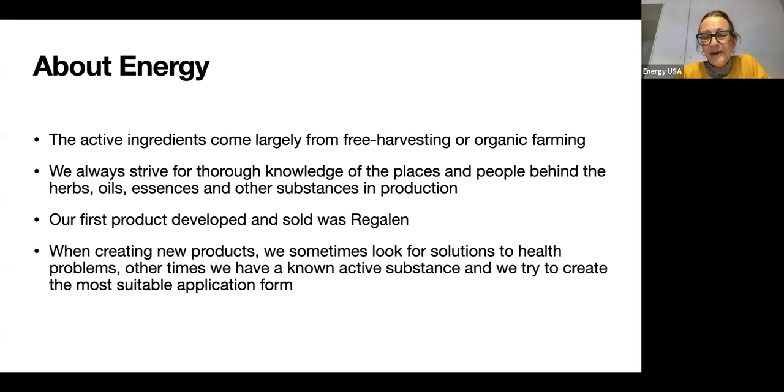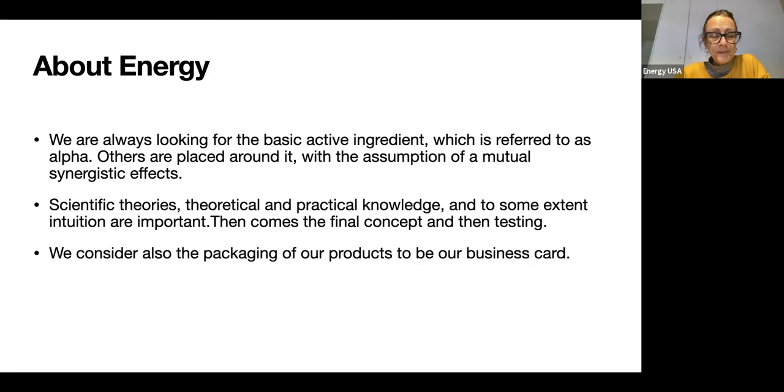Our first developed and sold product was Regalen. That might be of your interest. When creating new products, we sometimes look for solutions to health problems, and other times we have a known active substance and we try to create the most suitable application form. With the products, we always look for the basic active ingredient, which is referred to as alpha.